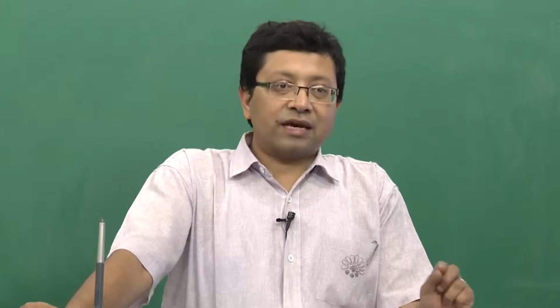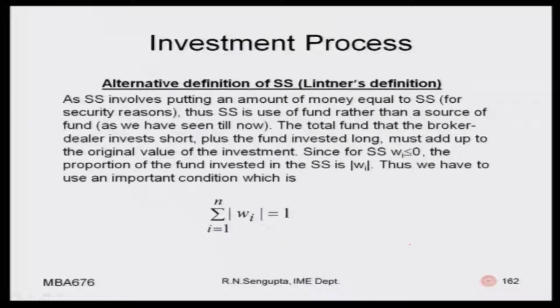Now, as SS, which is short selling, involves putting an amount of money in equal proportions for the short selling, the Lintner method proposes that if you borrow a financial asset from a person, obviously there has to be some risk for the other person. So, in order to compensate for that, there should be some collateral.